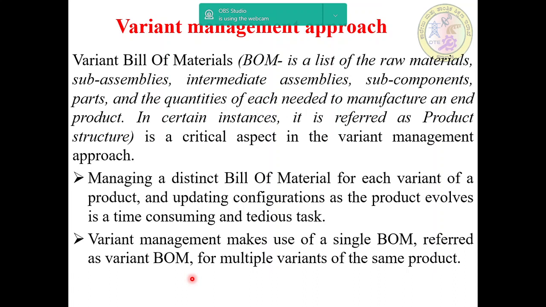Next we'll go for the variant management approach. Here, the variant bill of materials, that is BOM, is critical. A bill of materials is a list of the raw materials, sub-assemblies, intermediate assemblies, subcomponents, parts, and the quantities of each needed to manufacture an end product.